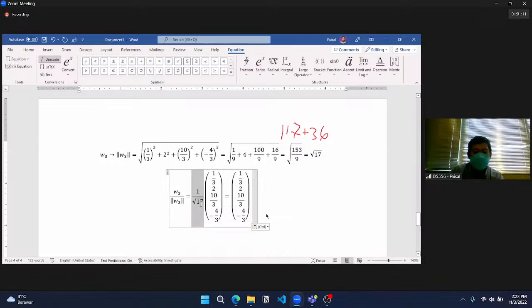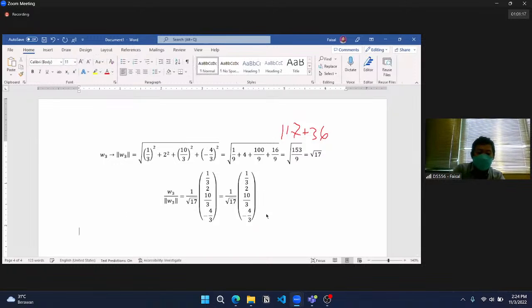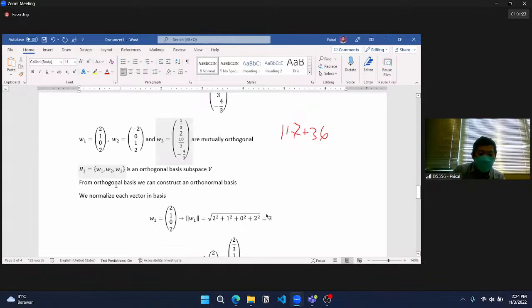I don't want to compute this one. So we get the orthogonal basis from B1.